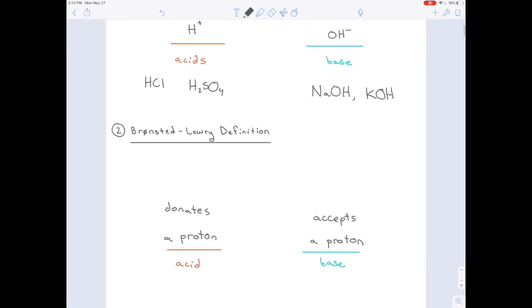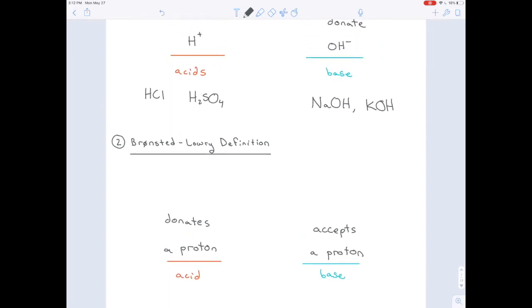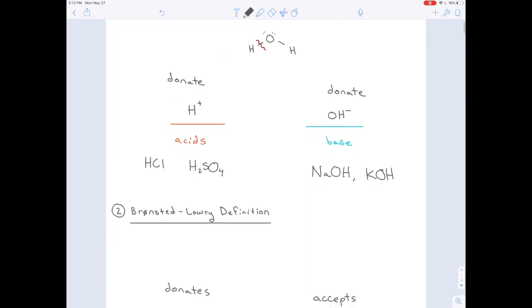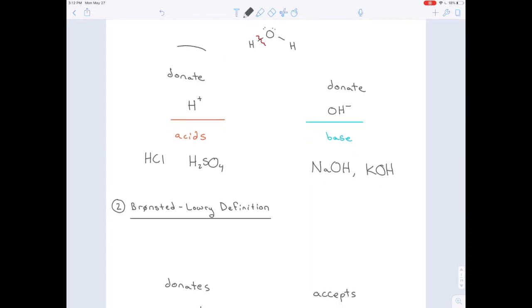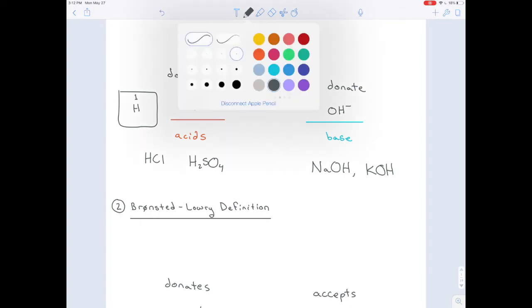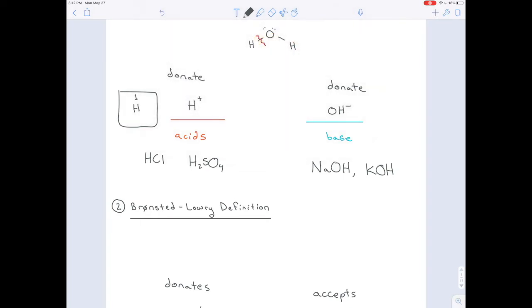All right, let's compare this with the previous one and see similarities and differences. In the Arrhenius definition, an acid donates an H+. But remember that if you look at the box for hydrogen on the periodic table, there's a 1 above the H. And that means that a hydrogen atom will just have one proton in its nucleus.